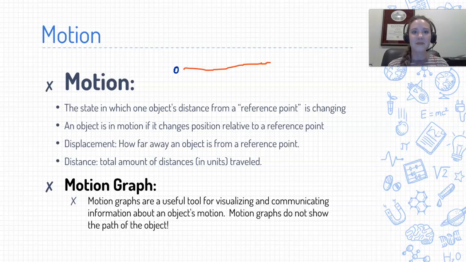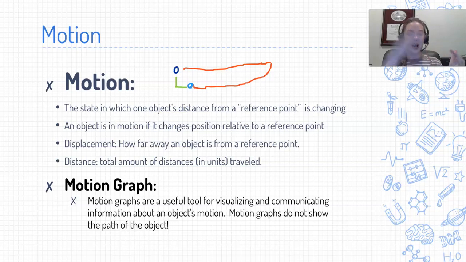But then, what if I traveled back and I ended up here? My ending spot being here, my displacement is only a little bit, right? I've only got this much space, right? This is my displacement. Okay, my distance traveled though is in red.